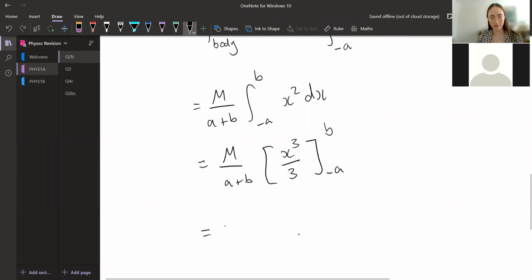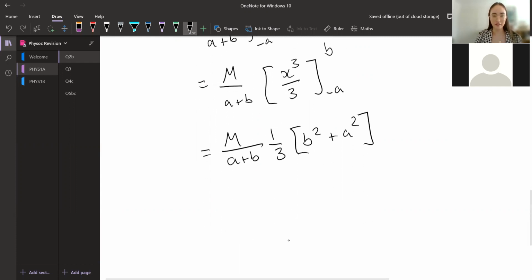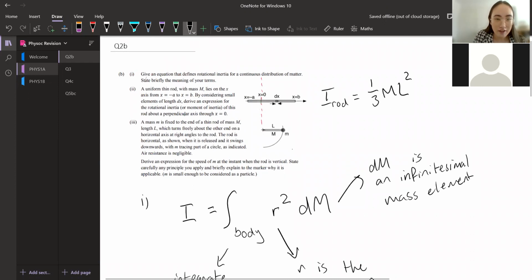And that gives us m on a plus b, times 1/3 of b cubed plus a cubed. And we can pretty much leave it like that. Sweet. Yeah, so that's all they really wanted us to solve, finding the moment of inertia for that kind of rod.